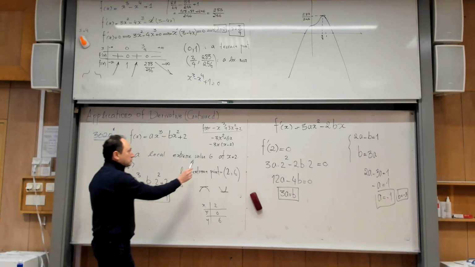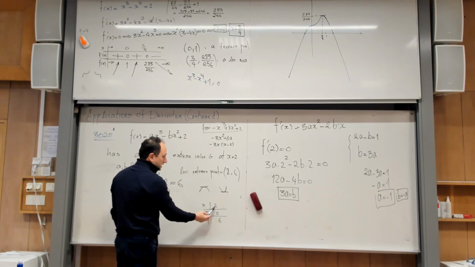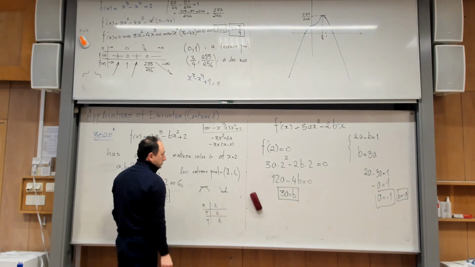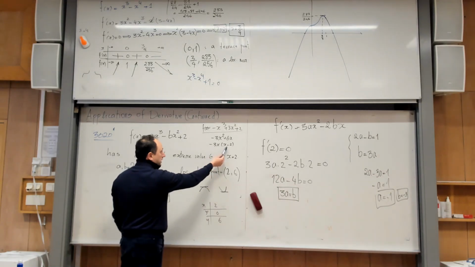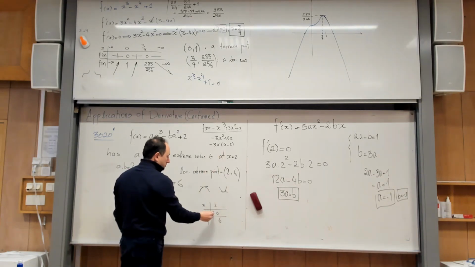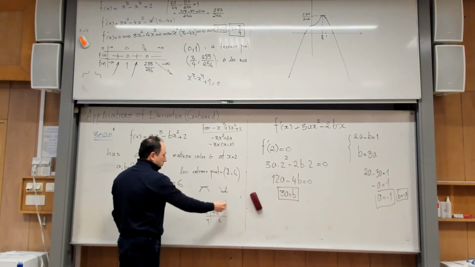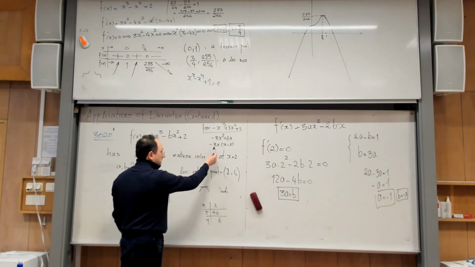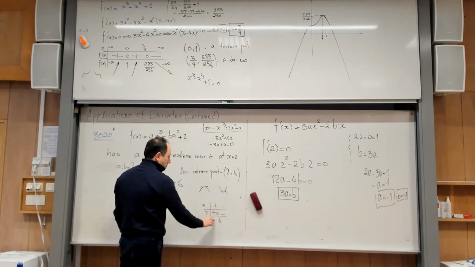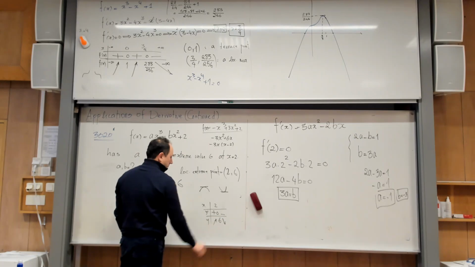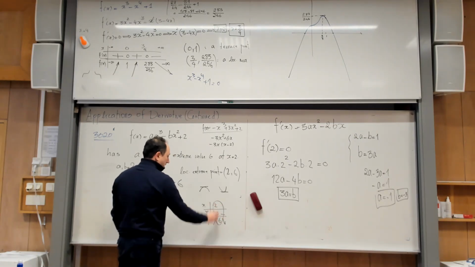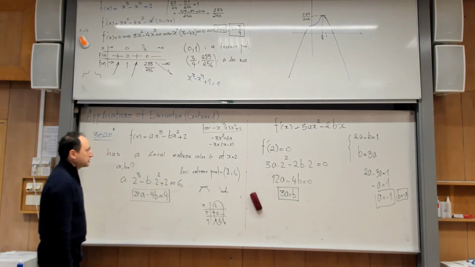So the roots are 0 and 2. Choose a number between 0 and 2, for example 1, put 1 here, then this becomes positive. And choose a number larger than 2, for example 3, this becomes negative. So it goes up and down, then it becomes a maximum. So this point is actually a maximum.